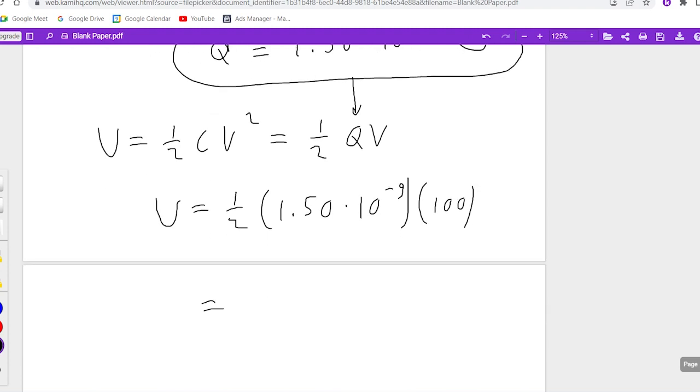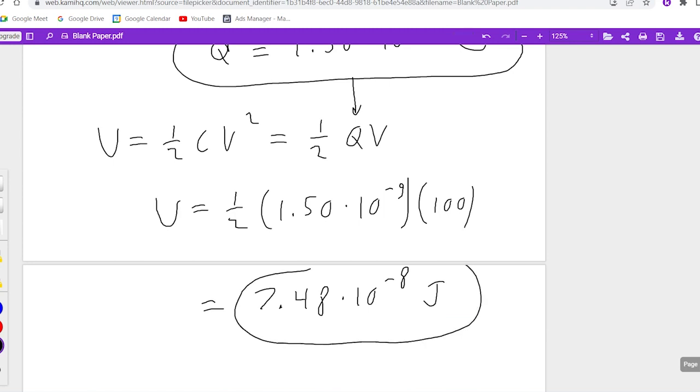It looks like I'm going to get an energy of 7.48 times 10 to the minus 8th, and the units for energy are still joules, just like they were in Physics 1. Any questions on number 22?